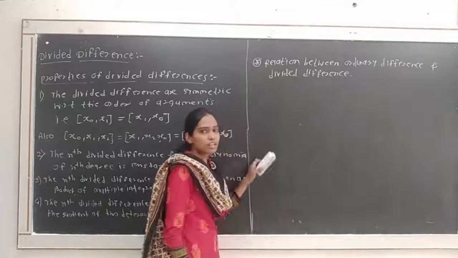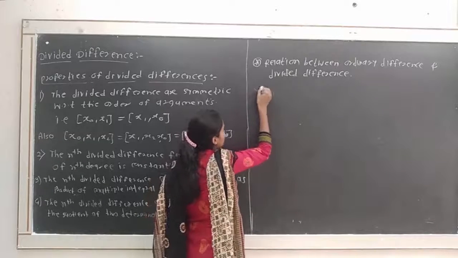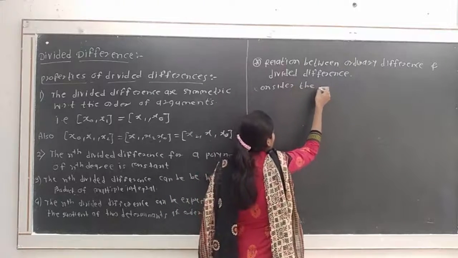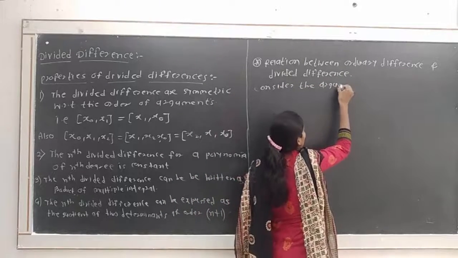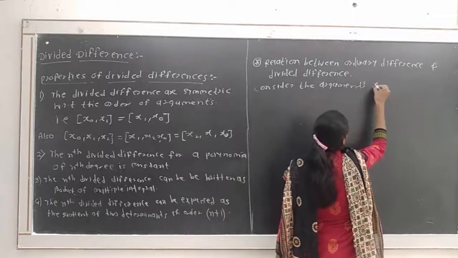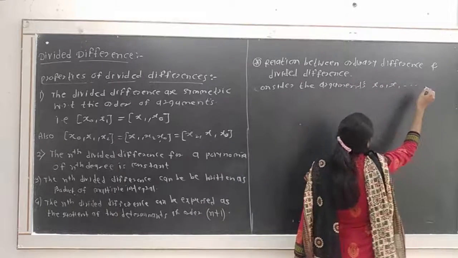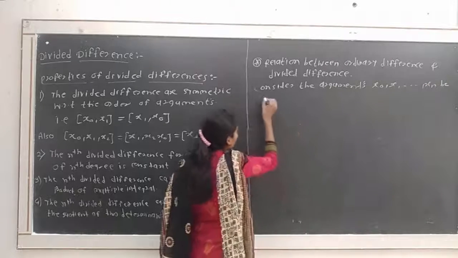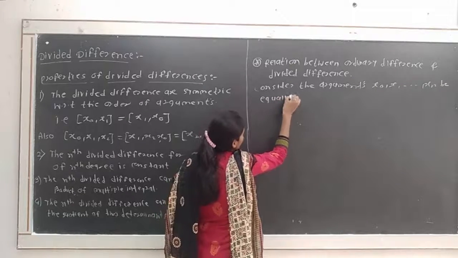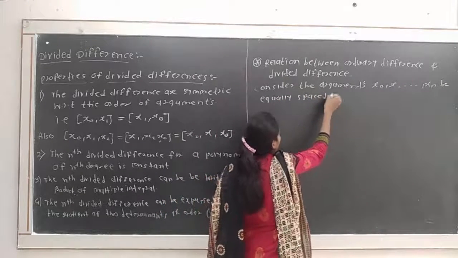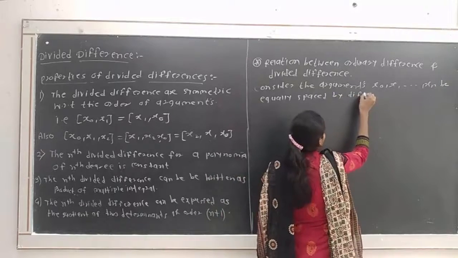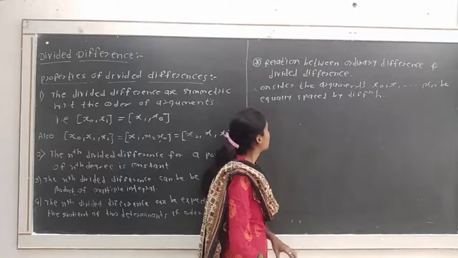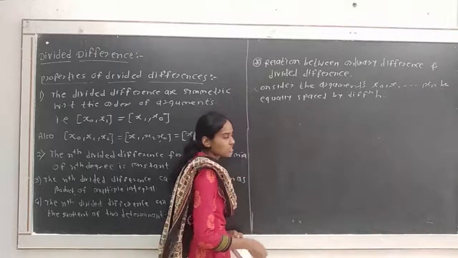So see here, we consider the arguments x0, x1 up to xn to be equally spaced by the difference h.